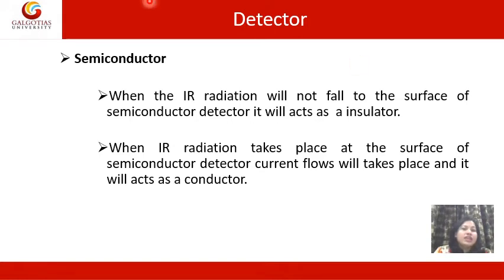And the last detector is semiconductor. When IR radiation does not fall on the surface of the semiconductor detector, it acts as an insulator. Whereas when the IR radiation falls on the surface of the semiconductor detector, current flows and it acts as a conductor.